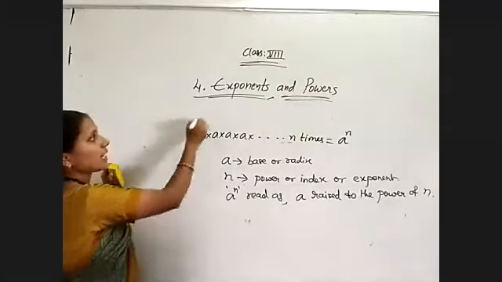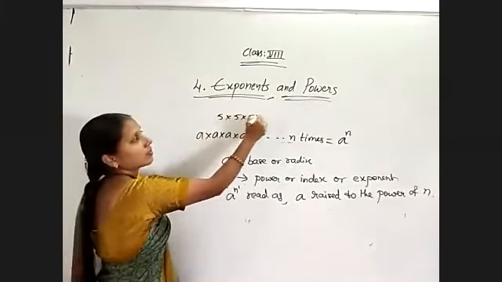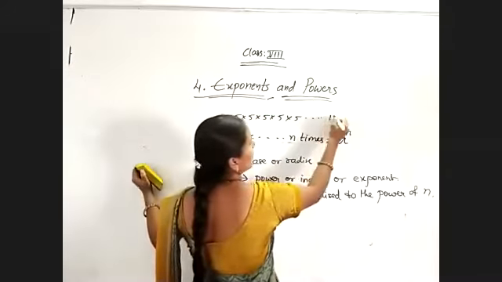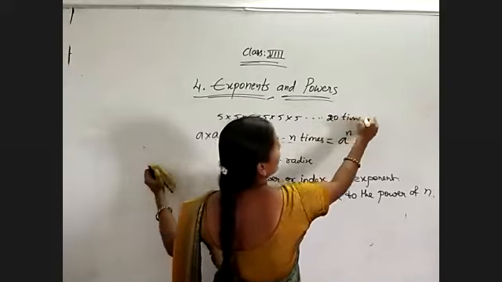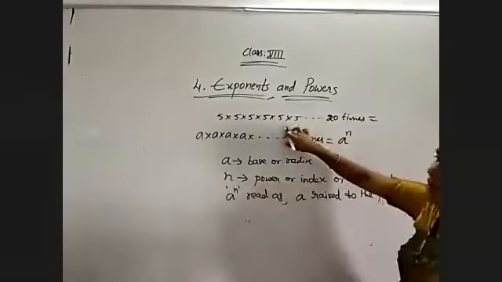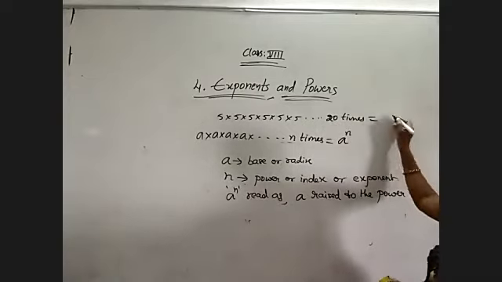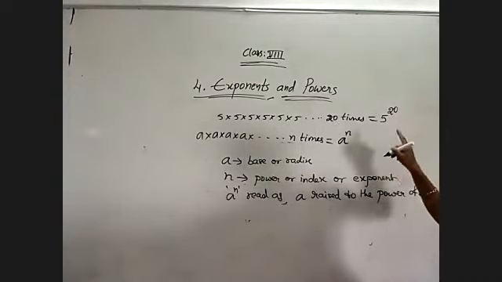Now, suppose my number is like this. I have written one number in product form. So what is its simplified form? 5 is multiplied 20 times. So what is its exponential form? 5 to the power of 20. In this number, what is the base?